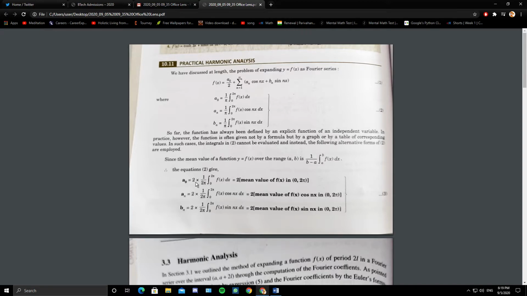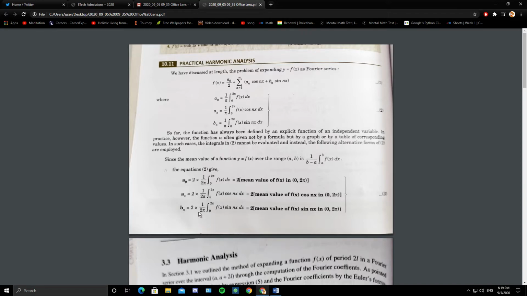So a naught is 2 times 1 by 2 pi integral 0 to 2 pi f of x dx. So 2 times this is the same as the mean value of the function f of x. Similarly, a n is 2 times 1 by 2 pi integral 0 to 2 pi f of x cos of nx, which is the same as 2 times the mean of f of x cos nx.